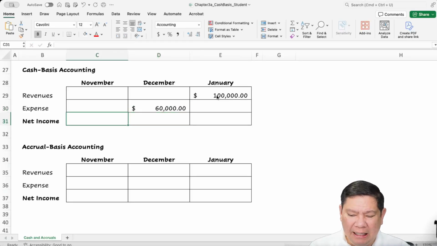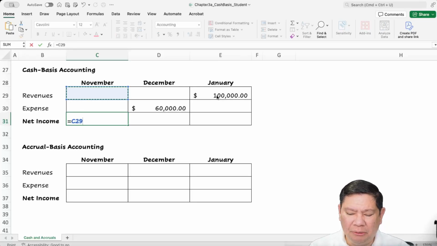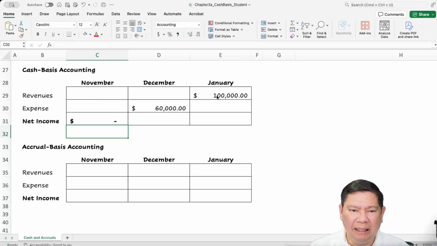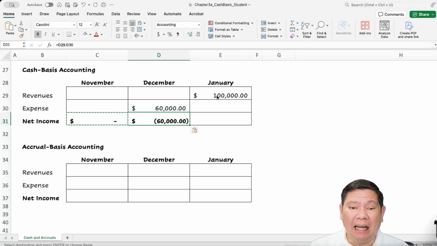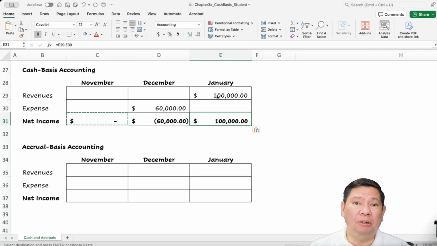Okay, so the net income, which is revenues minus expenses, is zero in November, negative $60,000 in December, and $100,000 in January. That's with cash basis accounting, because what is important for cash basis accounting is the cash inflows for the revenue and cash outflows for the expenses.